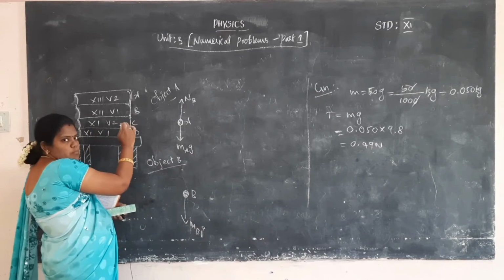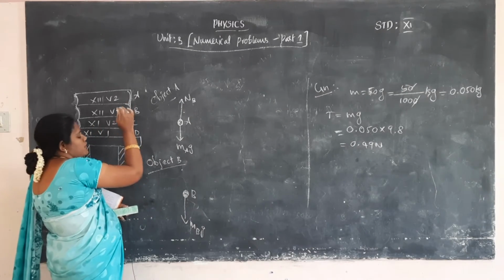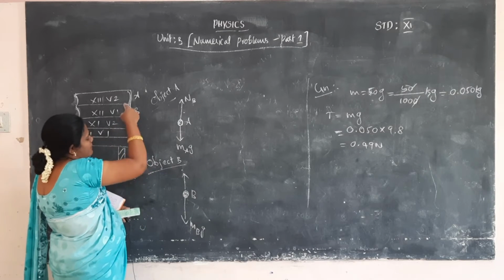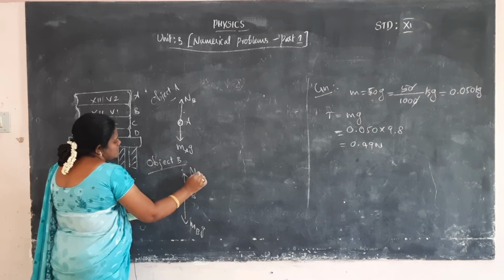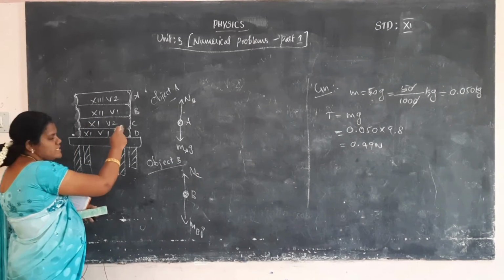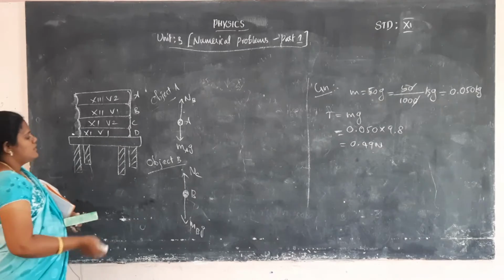Then object C gives an upward force on B, that is the normal force NC applied by object C.